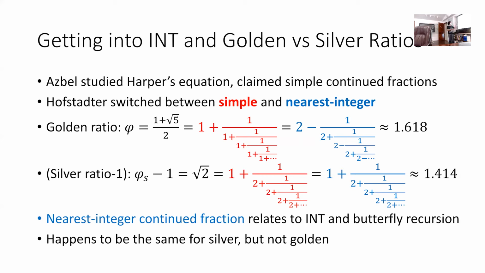So if you go to the simple continued fraction, it's not the nearest integer because I start with a 1, not a 2. But it doesn't always work out that way. In this case, with the silver ratio, I can represent it this way, but it's closer to 1 than 2. So in this example, the nearest integer continued fraction ends up being the same as the simple.